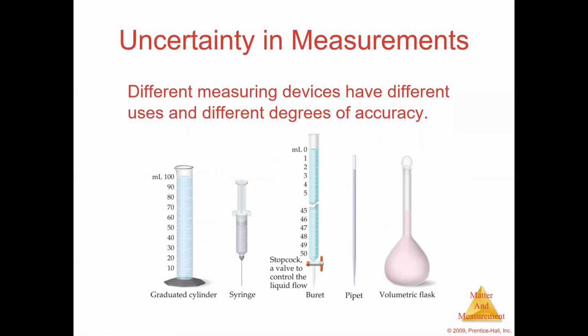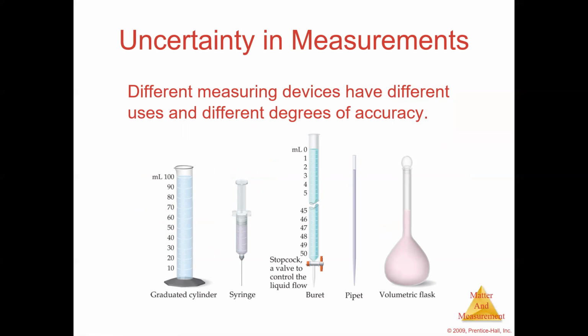So when we're measuring values in science, really in anything, there's a certain level of uncertainty to our measurements. Different measuring devices have different levels of accuracy or degrees of accuracy.